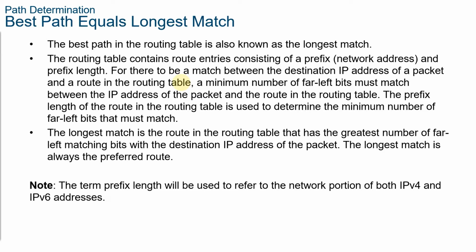The longest match is the route in the routing table that has the greatest number of far left matching bits with the destination IP address on the packet. The route with the greatest number of equivalent far left bits, or the longest match, is always the preferred route. Take note, the term prefix length will be used to refer to the network portion for both IPv4 and IPv6 addresses.